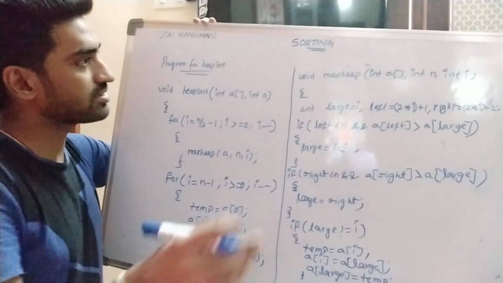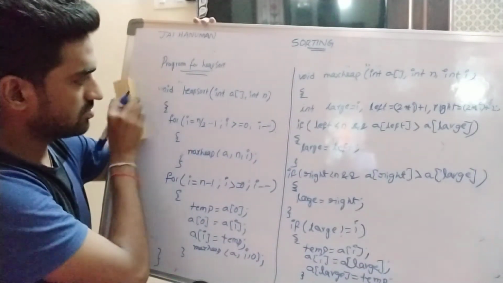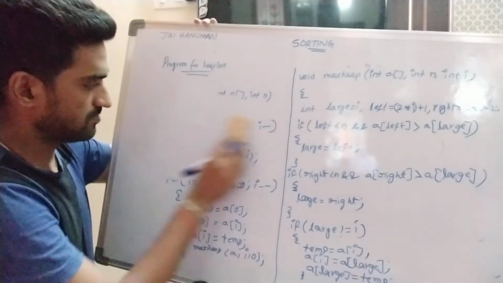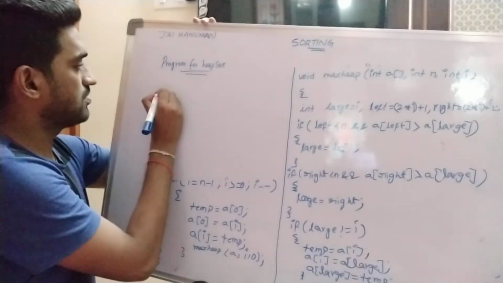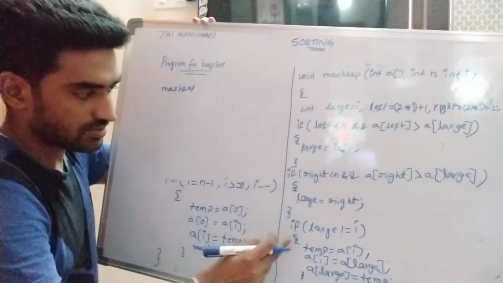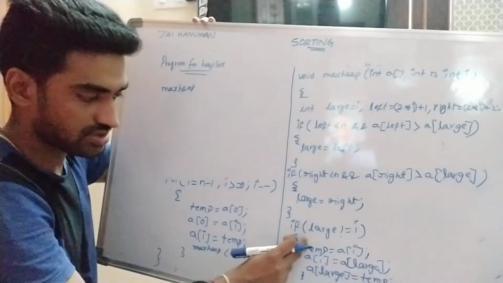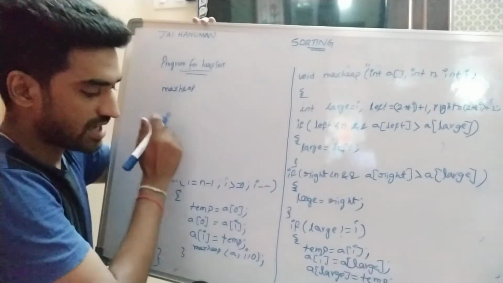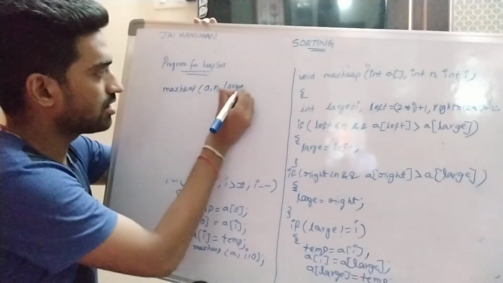What is the max heap function? We are calling the max heap function in this condition, so that's why I am not closing the brace yet, right? Max heap of a, n, large.